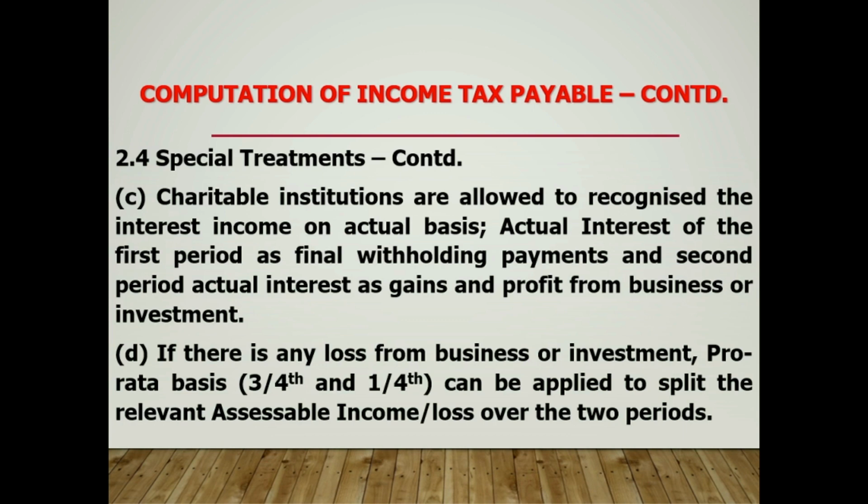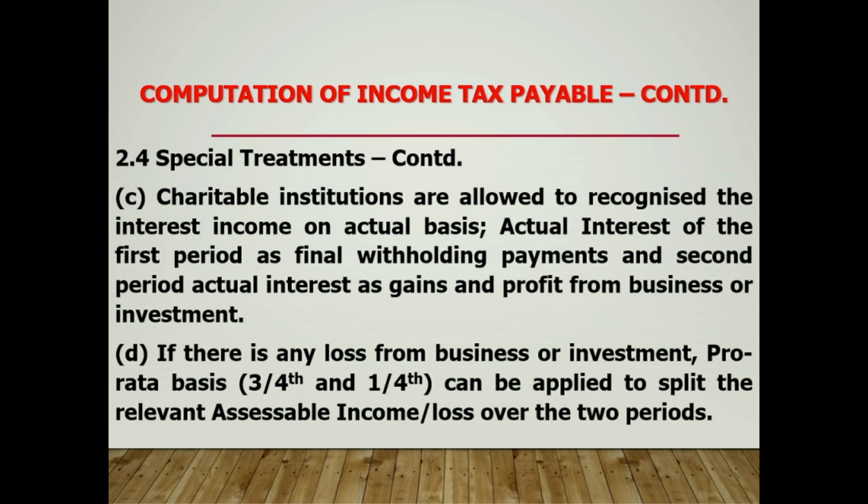As I explained, you have to compute your taxable income as one figure for the entire year of assessment. But if you are having losses from business or investment, then you cannot do it. In such a situation, you are allowed to compute the assessable income from business or investment with a loss from one source or from both sources.